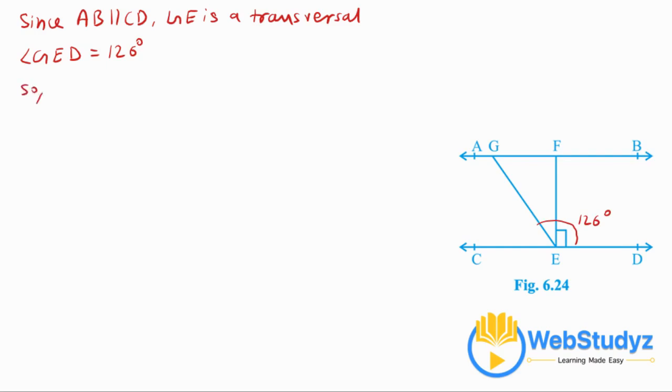So we can write that angle GED is equal to angle AGE, that is also 126 degree because of alternate interior angles.